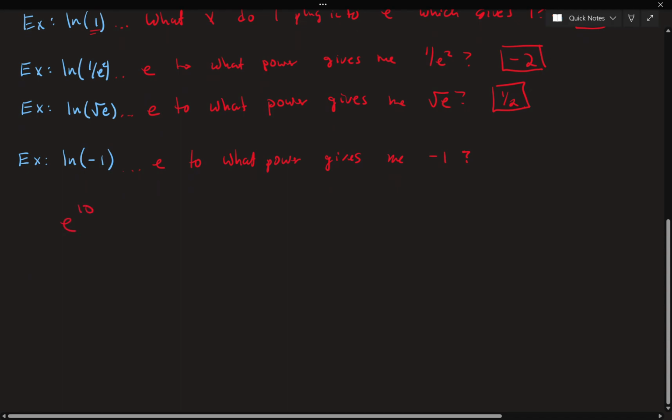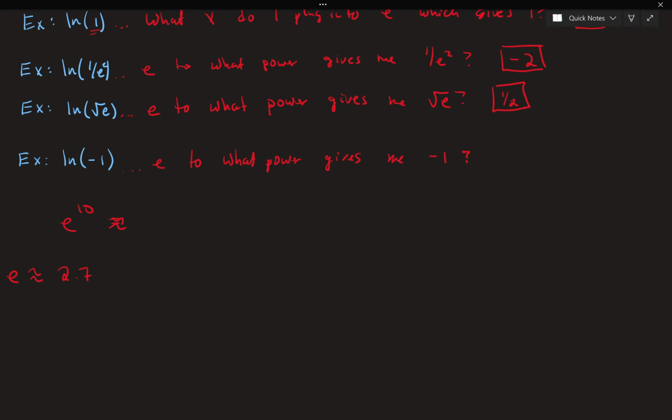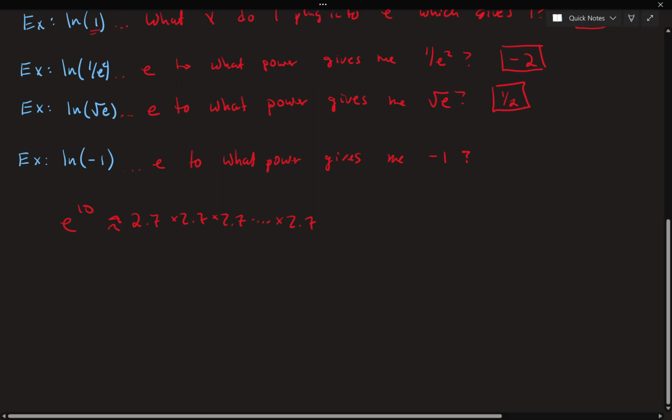If I do positive numbers, remember, e is just something like 2.7. So e to the 10th, for example, is 2.7 times 2.7 times 2.7, 10 times. And it's huge. It's not a negative number.